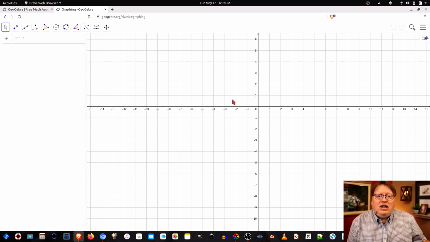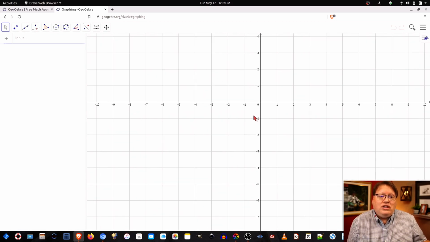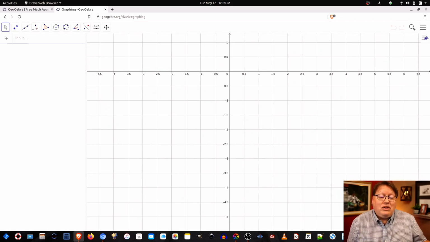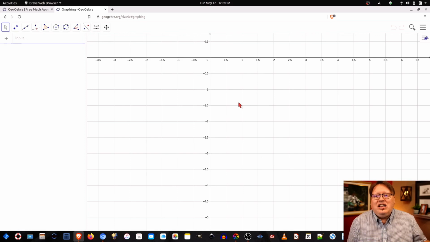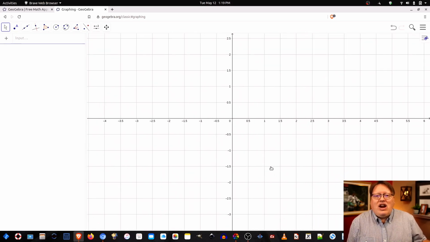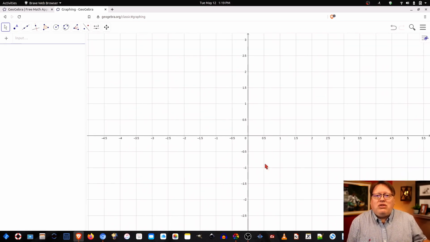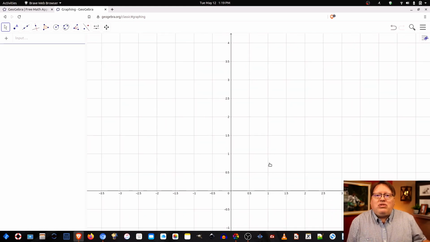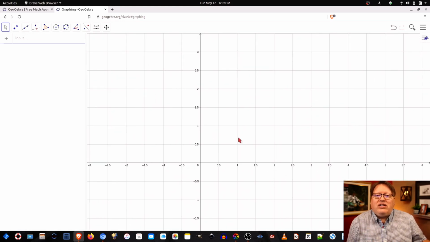So we have a coordinate plane here, which, by the way, if you were on the pointer tool over here in the upper left, then if you have a scroll mouse, you can zoom in or use these zoom buttons or functions down here in the lower right. But I like kind of grabbing and moving my coordinate plane around and just zooming in. So we know we're going up to 3, so that should be good right there.